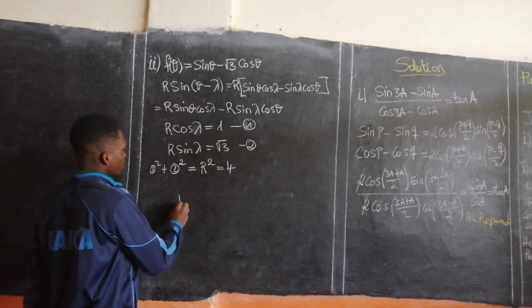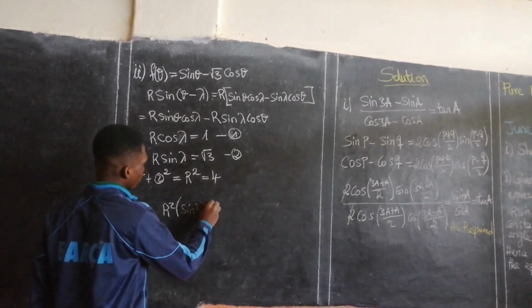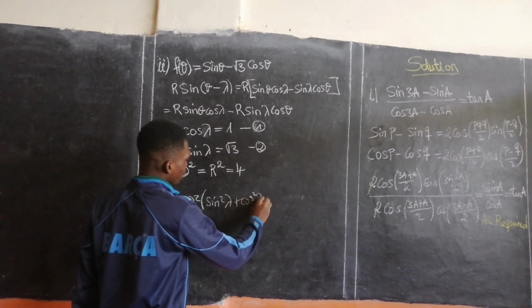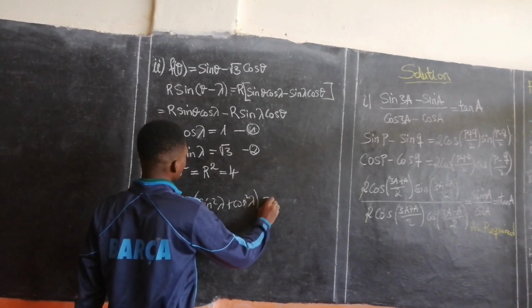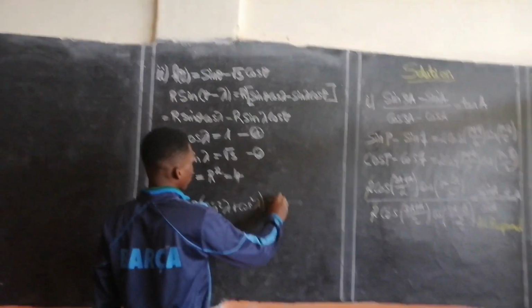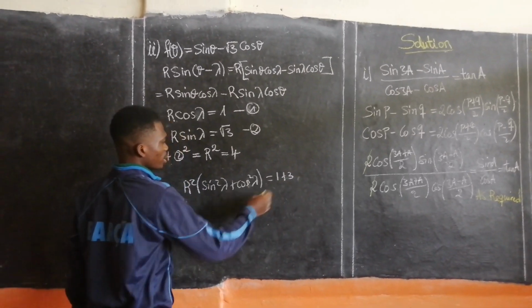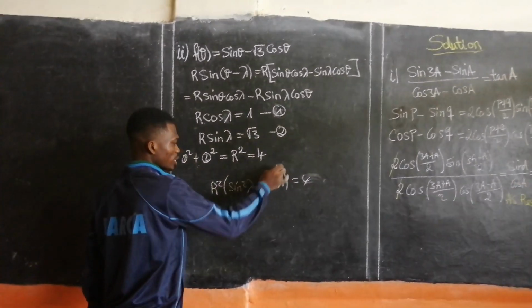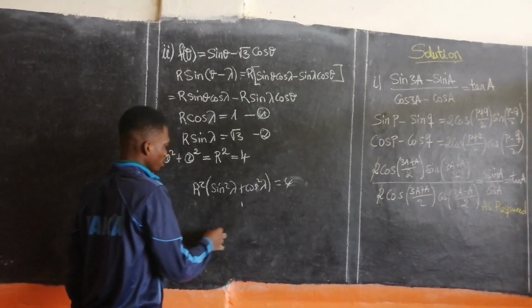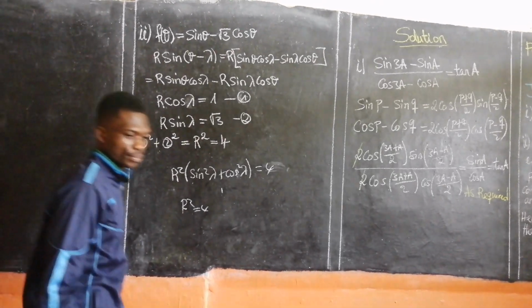So you have r squared times (sine squared lambda plus cos squared lambda) equal to 1 squared plus root 3 squared, that's 3, which is equal to 4. Cos squared lambda plus sine squared lambda is 1, so you simply have that r squared is equal to 4.